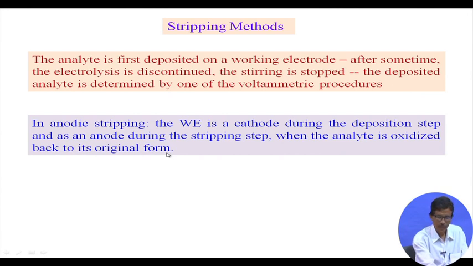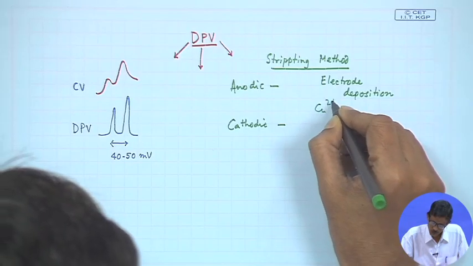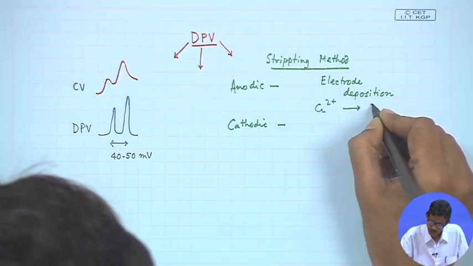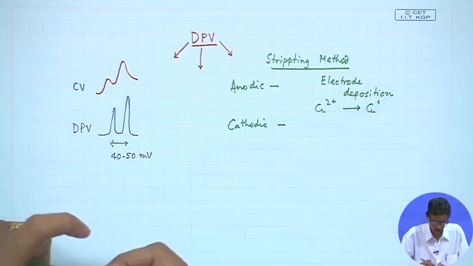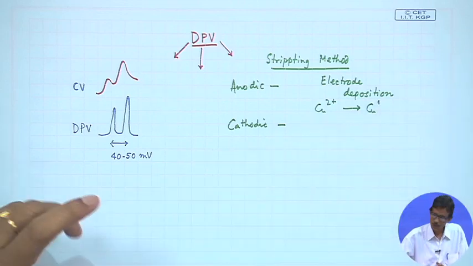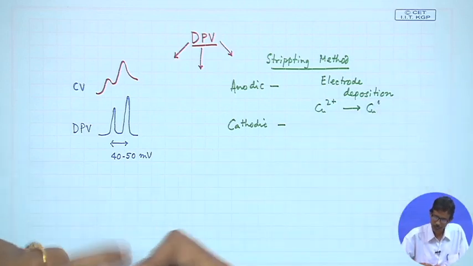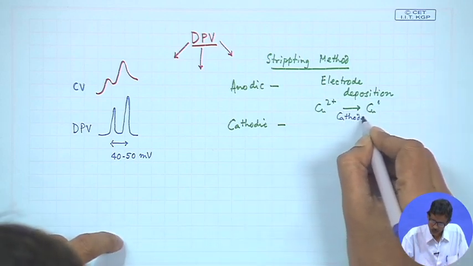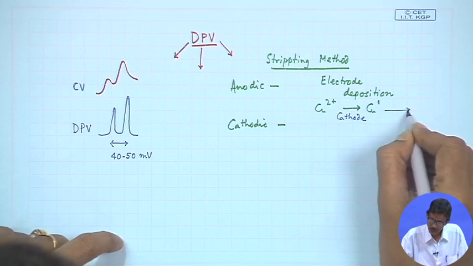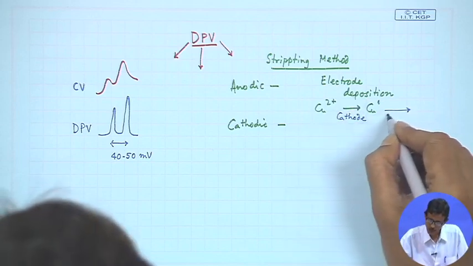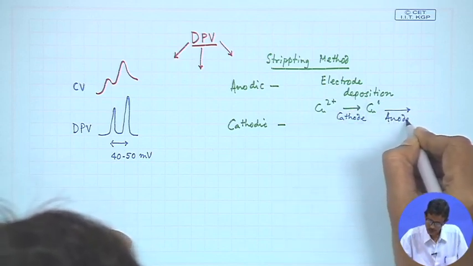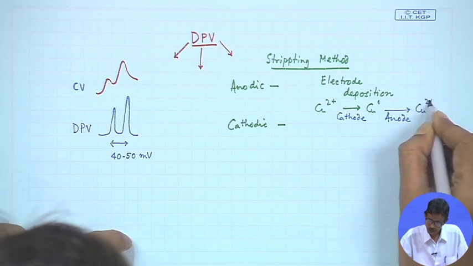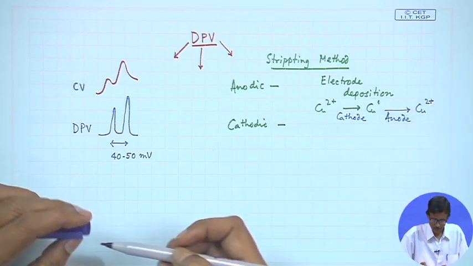So, you can have a metal ion. Suppose it is copper 2 plus, and copper 2 plus can be deposited as copper 0, which is a reduction. So, you require a cathode for that reduction, then you change the nature of that electrode to anode. This will go to copper 2 plus once again.